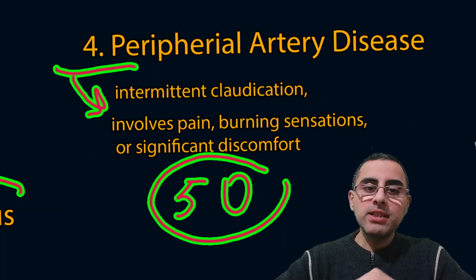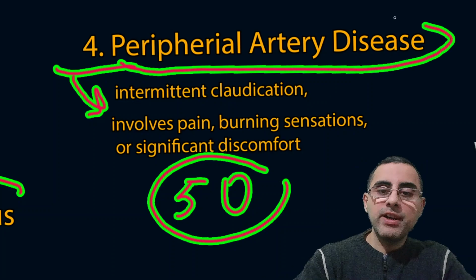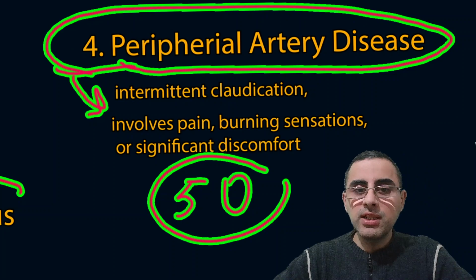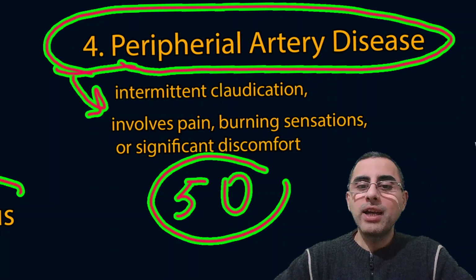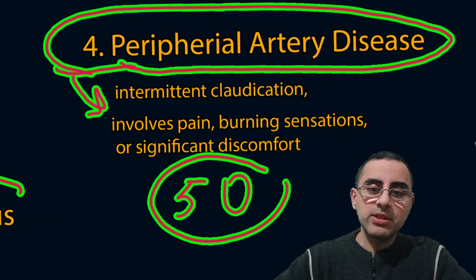So it's intermittent claudication. It is a sign of peripheral artery disease, a sign of atherosclerosis, and a sign of high cholesterol level. There is a very strong relationship between peripheral artery disease and high cholesterol level.